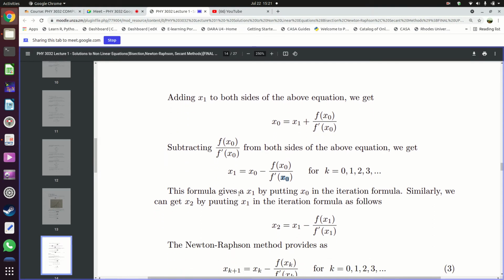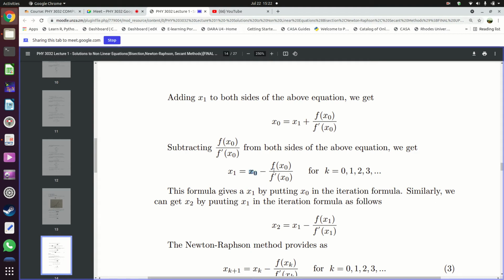So this is how we use the definition of a derivative or a slope to come up with a way of estimating what x is going to be. With this expression, what we are saying is that if you have a guess value of x naught, you choose whatever guess value you want to start with.